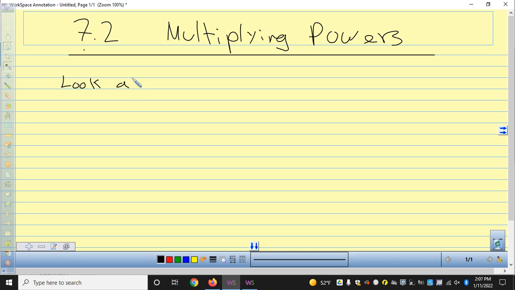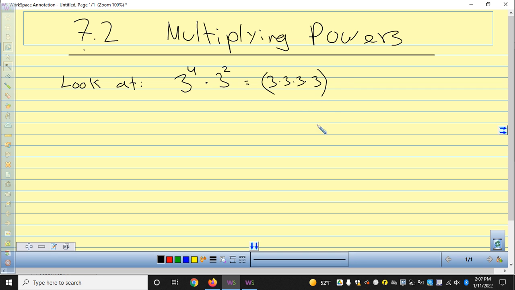So we want to multiply 3 to the 4th power times 3 squared. Remember that 3 to the 4th power means we're multiplying 3 by itself 4 times.